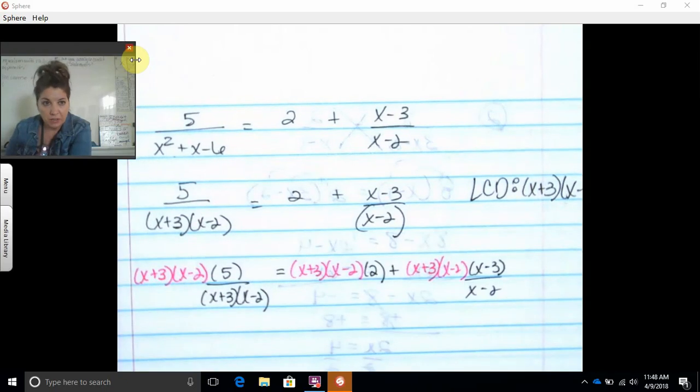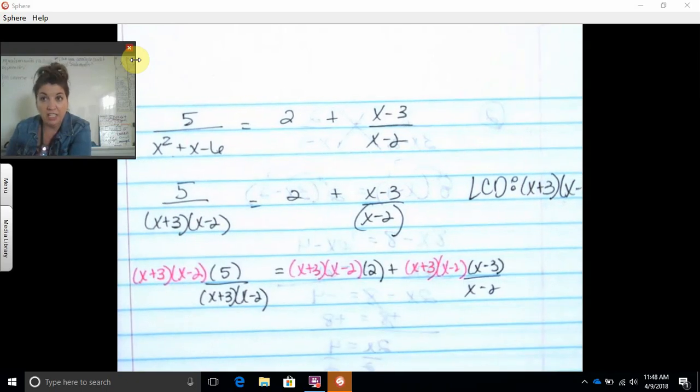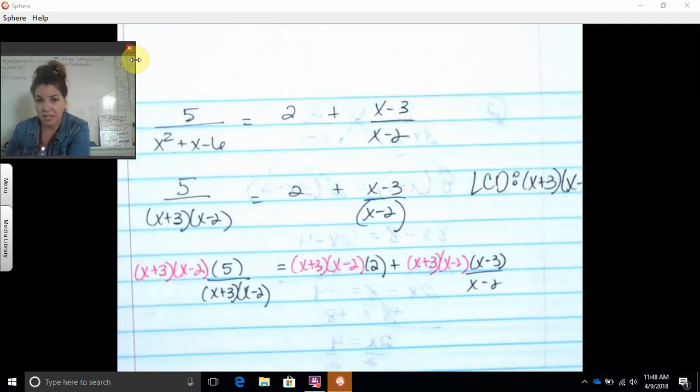And again, we do that so that we can clear the fractions, trying to get rid of the fractions and then solve for x. Okay? So, cancel everywhere you can.